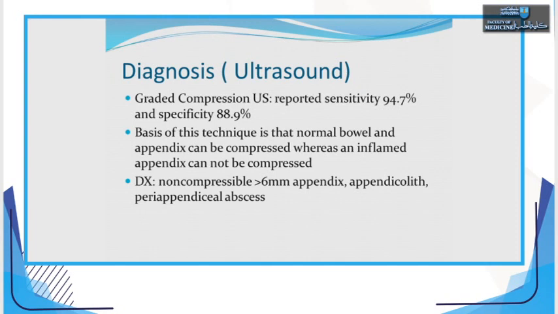The basis of this technique is that the normal bowel and appendix can be compressed, whereas an inflamed appendix cannot be compressed because of the high pressure, as we explained, due to the obstruction that started in the lumen. A non-compressible appendix of more than 6 millimeters, or the presence of an appendicolith, a fecalith, periappendicular fluid or abscess are sure signs in ultrasonographic examination.